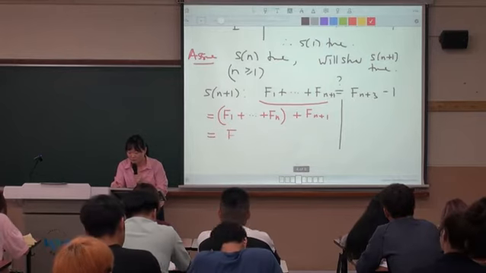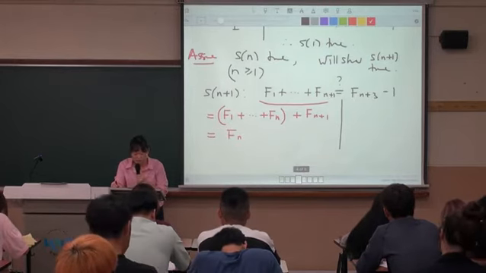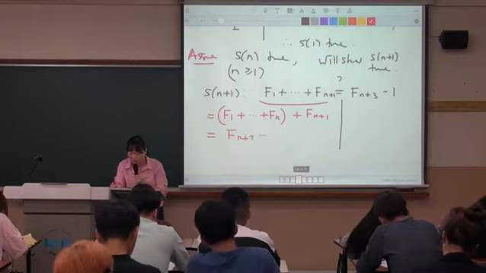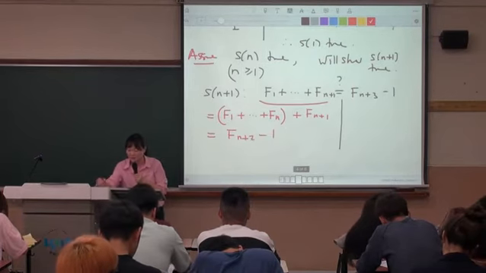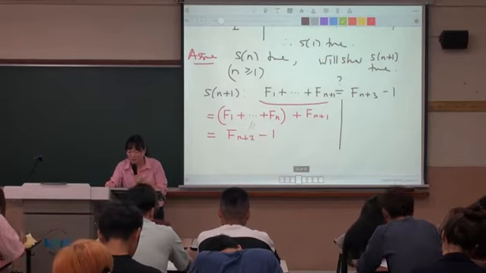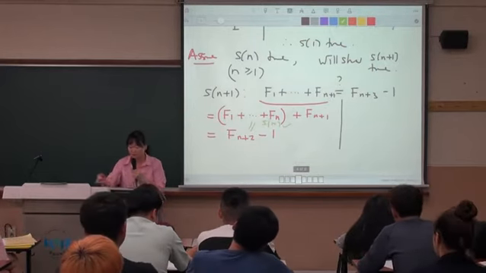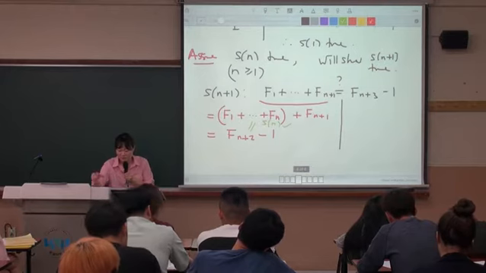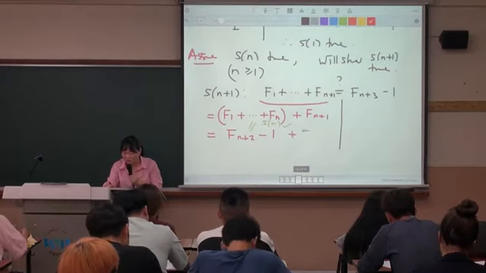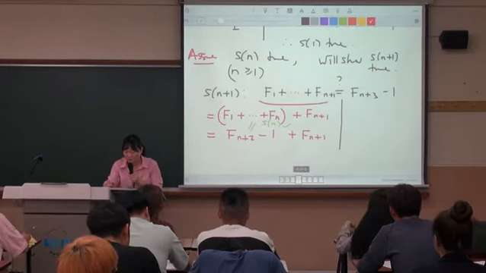F sub n plus 2 minus 1. 이거는 왜 같아요? Because Sn is true. Yeah. Plus Fn plus 1. 됐죠?